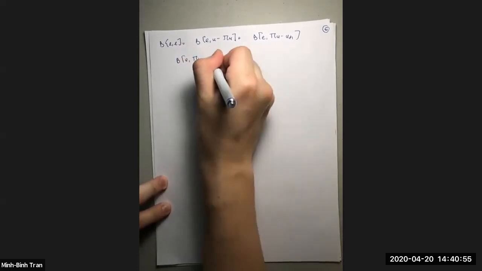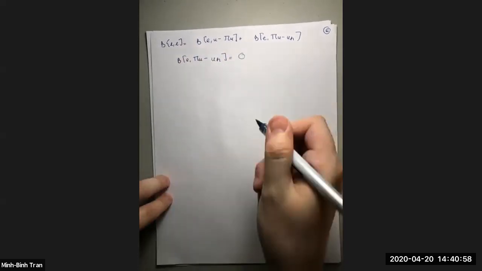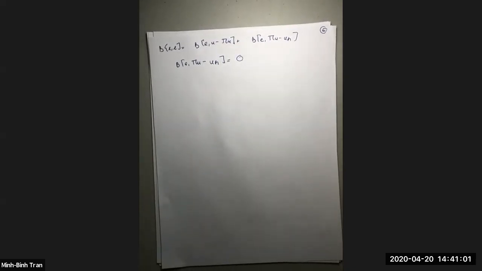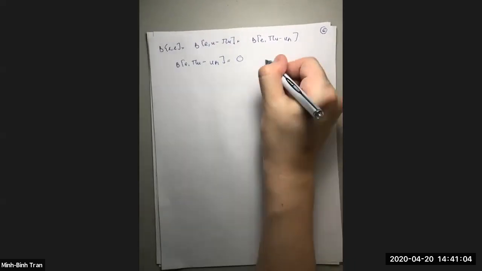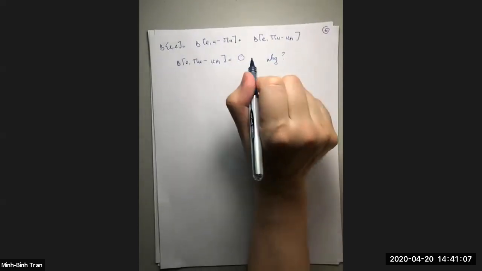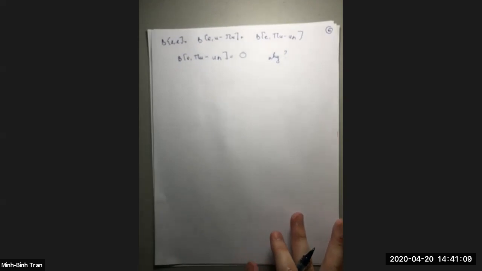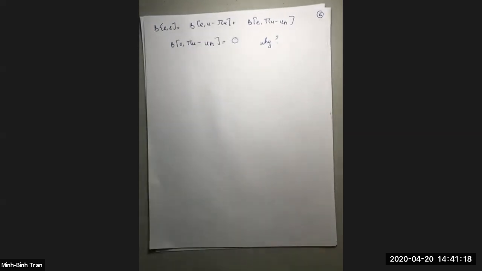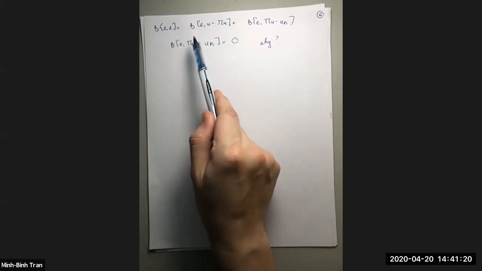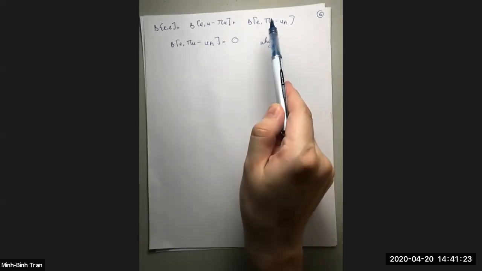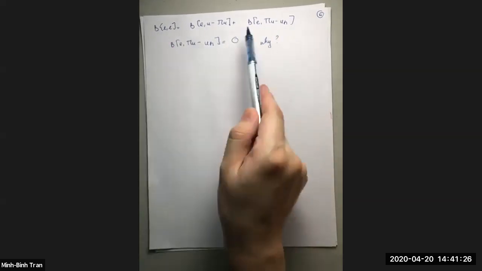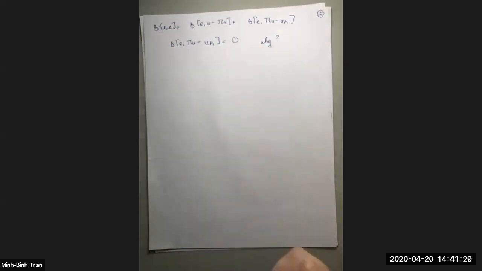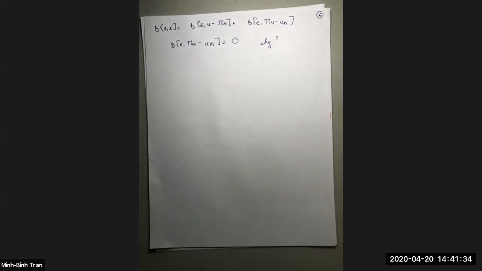Why? It is quite easy to see that when I split B of E, E as B of E, U minus pi U plus B of E, pi U minus UH, then this second term will be 0. Why is it? What is this second term?